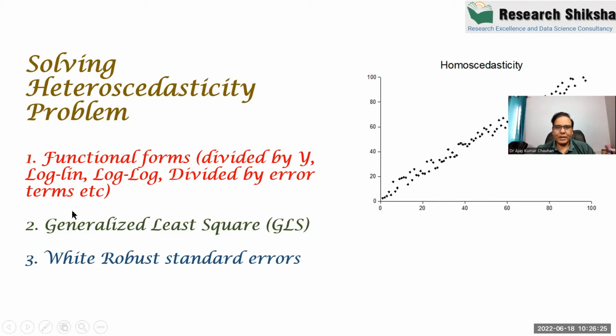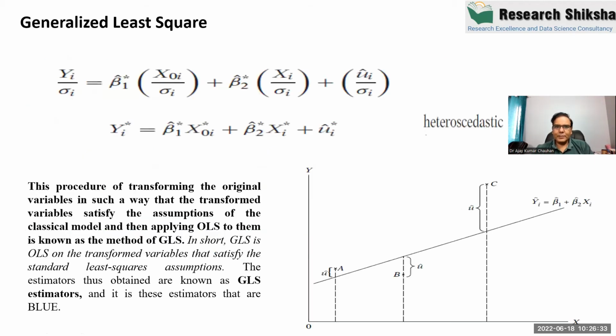The second is GLS. Now this GLS is slightly different from the GLS model that we usually take. Let me show you that. What is GLS? The method which I just showed you is this: I take the square root of the error variances and divide the dependent variable and independent variables by this, and run the new modified form.